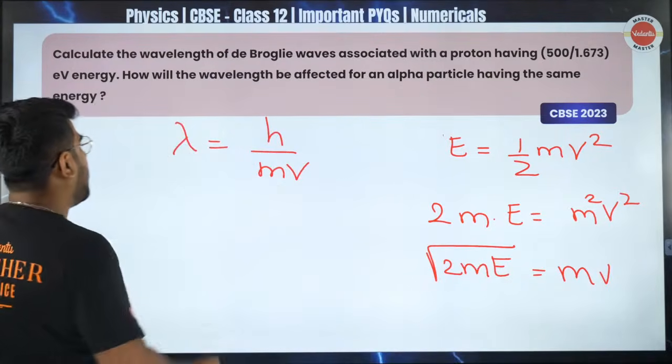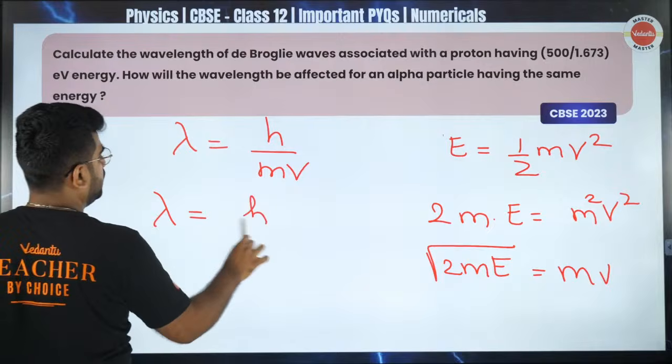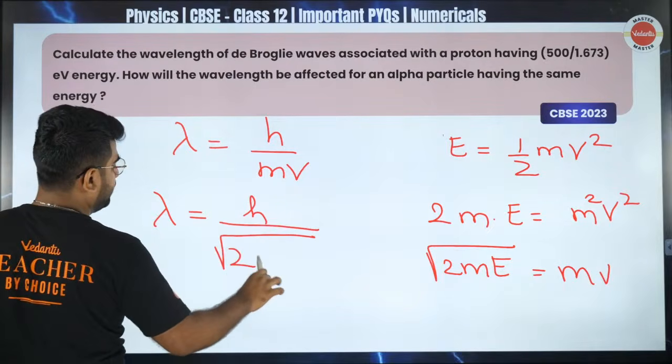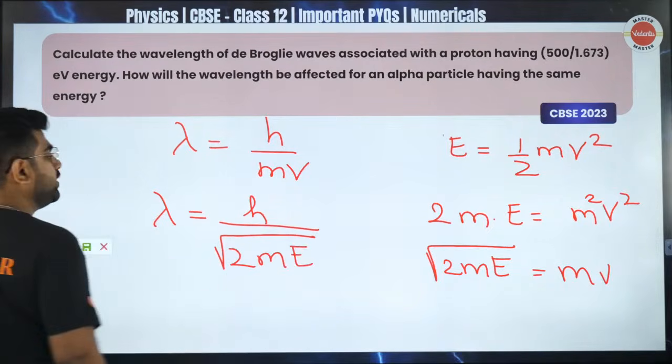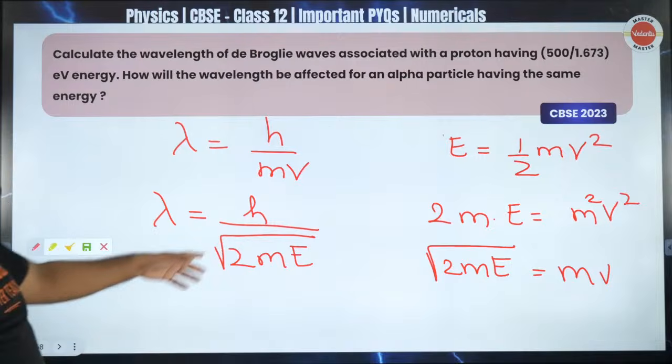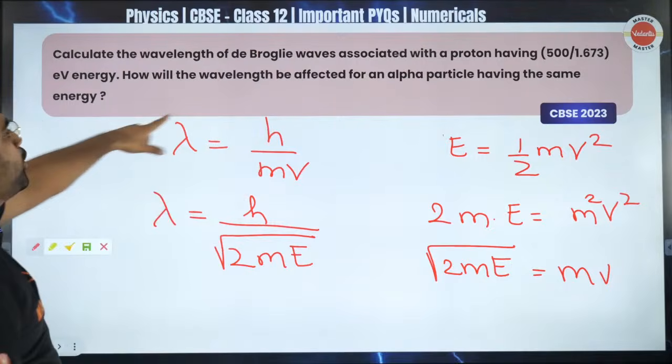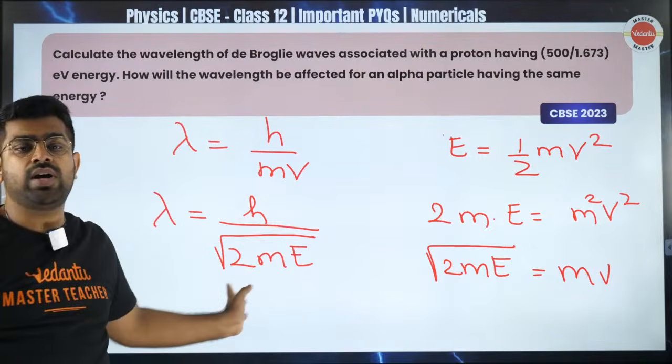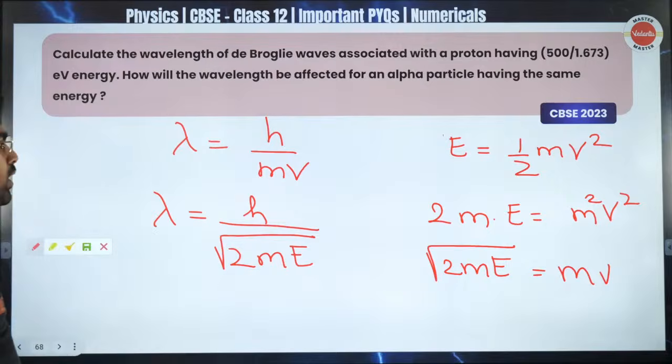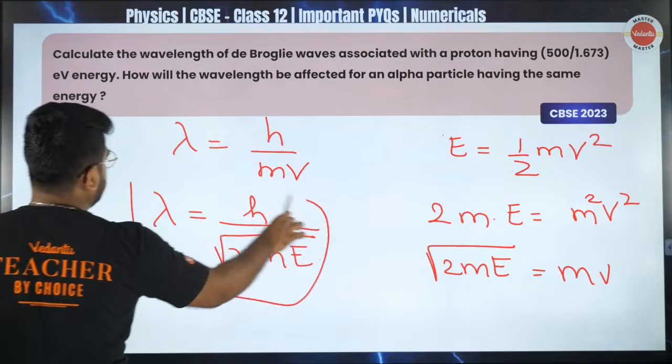So instead of mv I can write root of 2mE. That's the formula. Energy they have given, proton mass you know. Apply all of this and find it out.